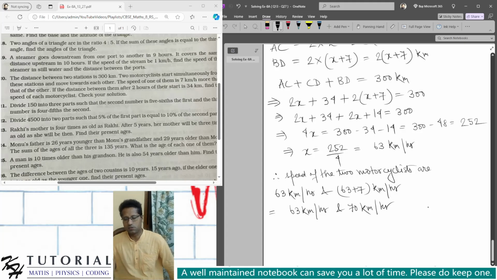So these are the two speeds of the two motorcyclists.